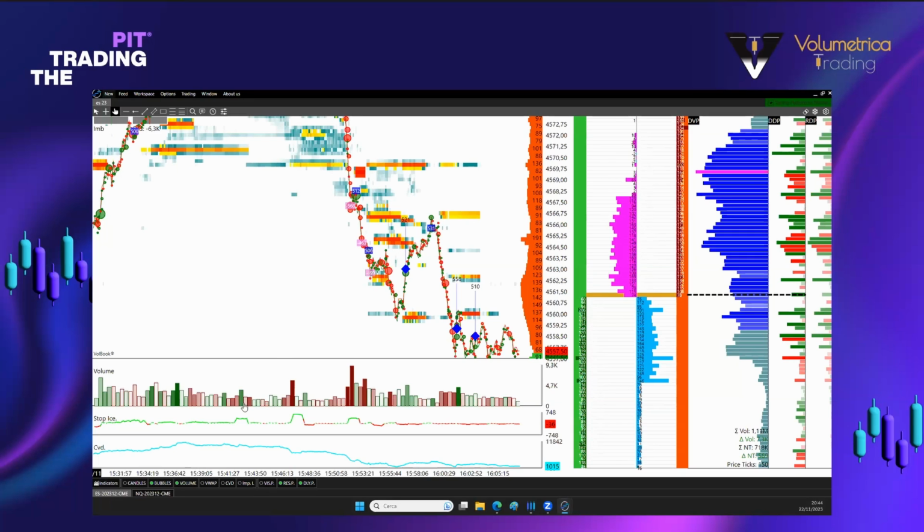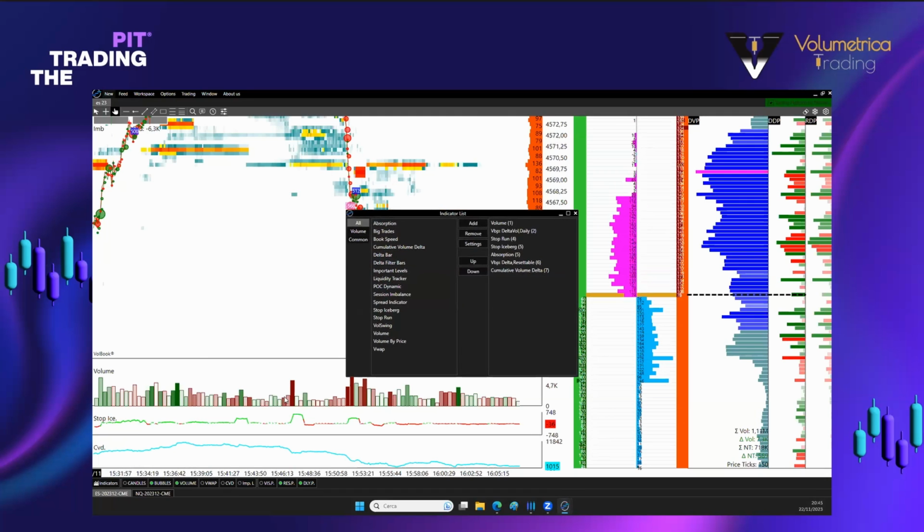I'm going to show you the settings because, of course, how can it detect when aggressive orders get absorbed? It needs a couple of thresholds in numbers.